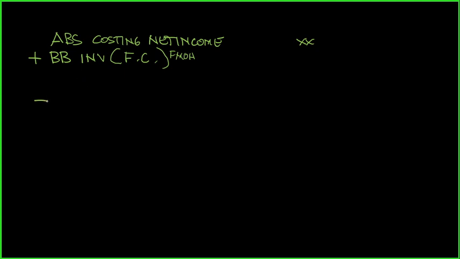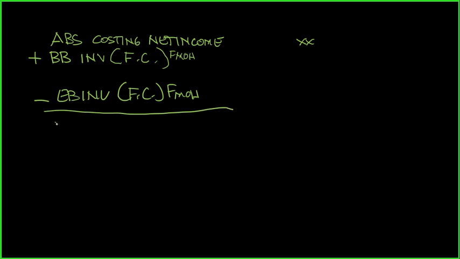And then from there, you deduct the ending balance of your inventory in terms of the fixed manufacturing overhead. And you will be left with the variable costing net income.